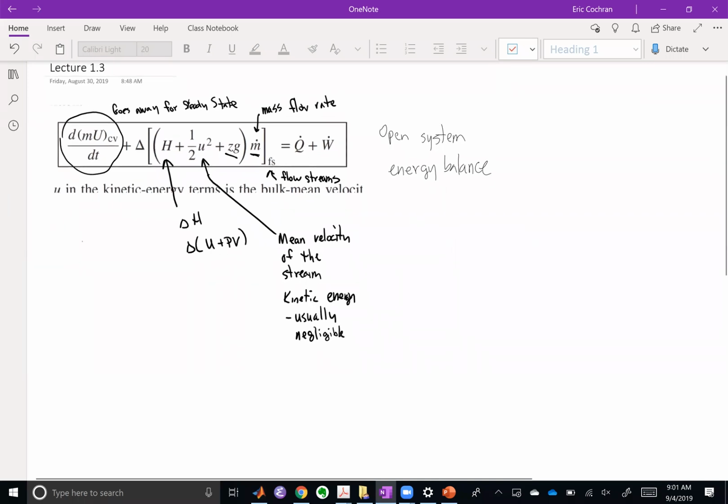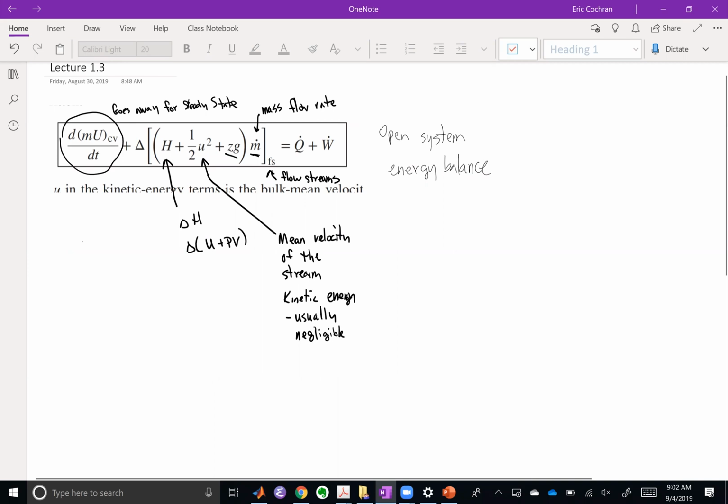Okay, so I just wanted to start with a real quick example illustrating the use of the open system energy balance. And then we're going to continue to delve through chapter 3.